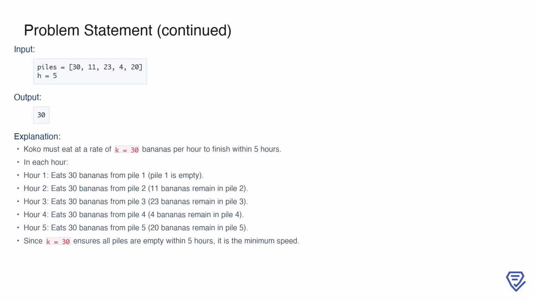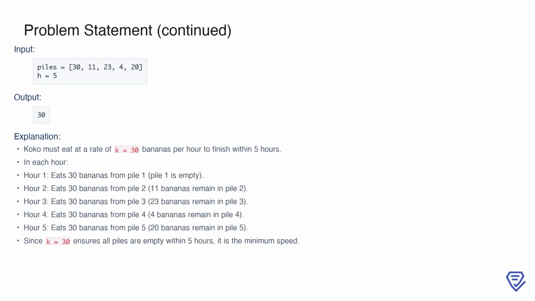Here, piles is [30, 11, 23, 4, 20], and h is 5. The minimum speed k in this case is 30. Let's see why. In the first hour, Koko eats all 30 bananas from the first pile. In the second hour, she eats 30 bananas from the second pile, which empties it since it only had 11 bananas. In the third hour, she eats 30 bananas from the third pile, leaving it empty as well.